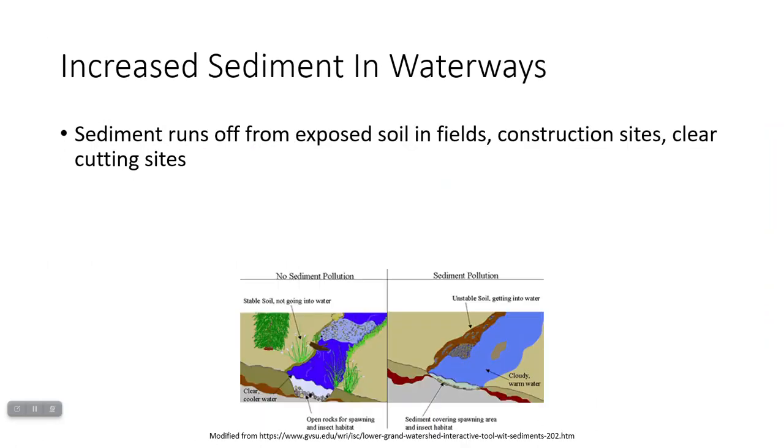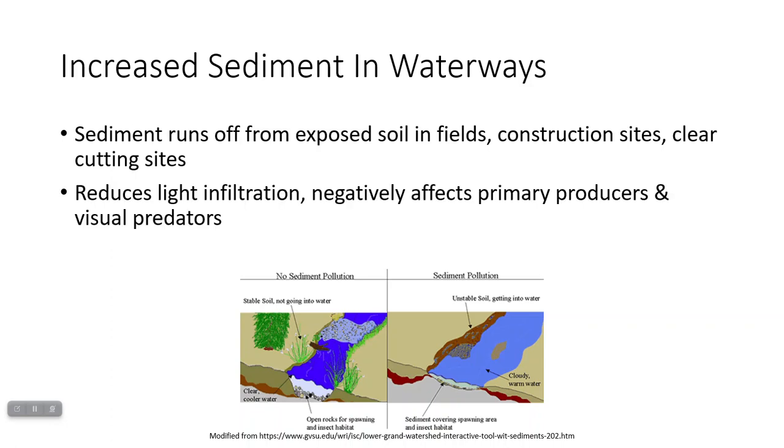Another pollutant that can enter waterways is sediment. You may think, oh, it's just dirt, but if you have too much dirt running off, wherever you have exposed soil, like we talked about soil erosion in agriculture, any place you've cleared land, like a construction site, if you've done clear cutting in an area and just cut down all the trees and cleared the land, all of that increases sediment runoff.